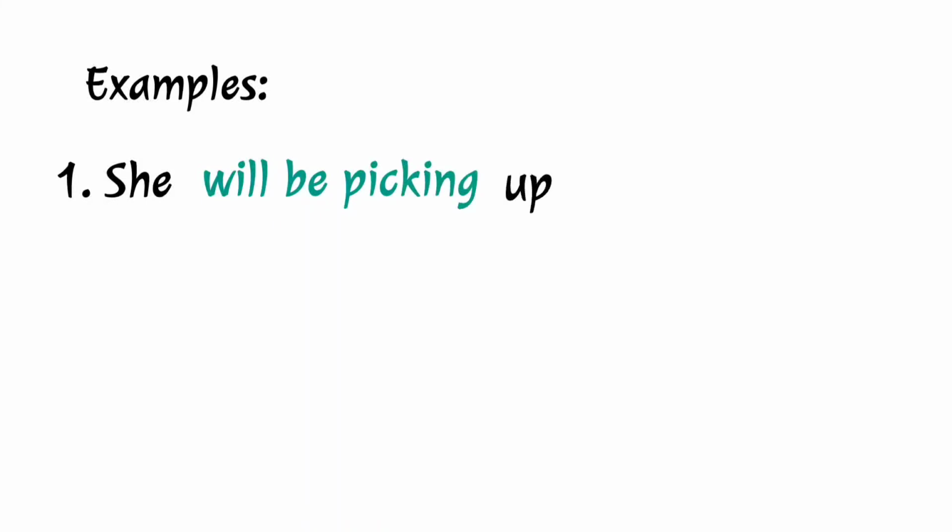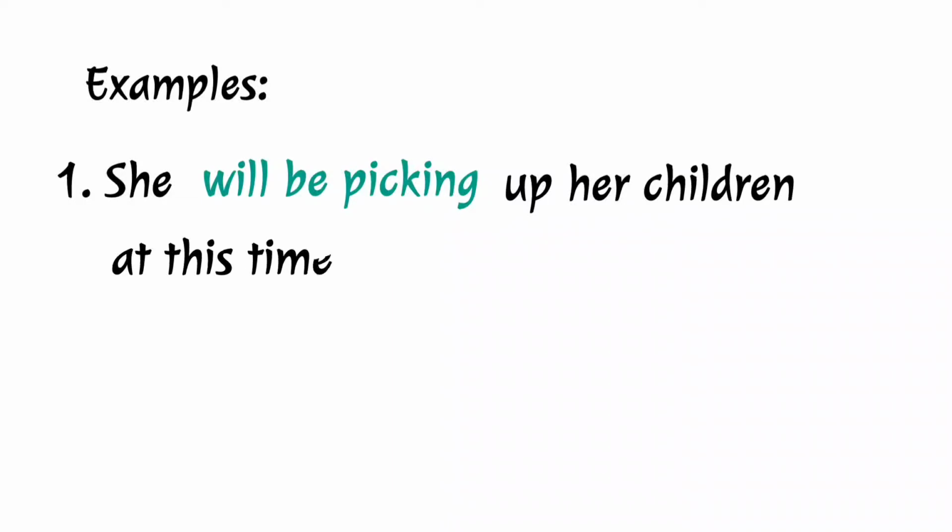Number 1. The pattern is will be plus verb ing. For example, we have she will be picking up. So the verb here is will be picking up, the process of picking up in the future.